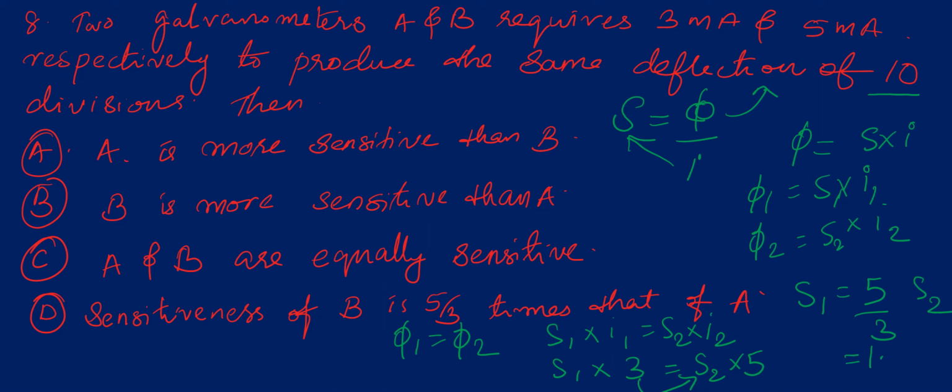That means 1.6 S2. That is S1 is 1.6 times greater than that of S2. That means A is more sensitive. Sensitivity of A is more. So option A is the correct one. A is more sensitive than B.